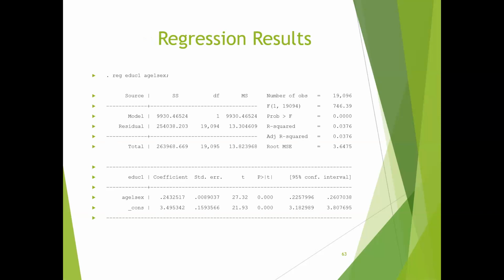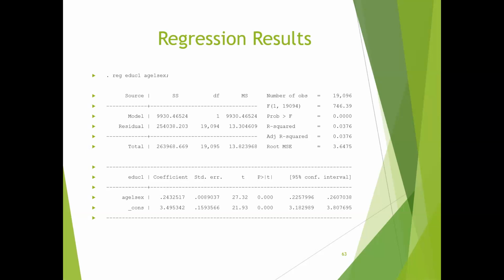Okay, everybody look at what we have here. The command is reg, dependent variable, then independent variable. We have some results that I want to walk through with you. The first thing to understand is that I want you to remember the structure of the equation that I taught you: Y equals A plus BX, where A is the intercept and B is the slope.